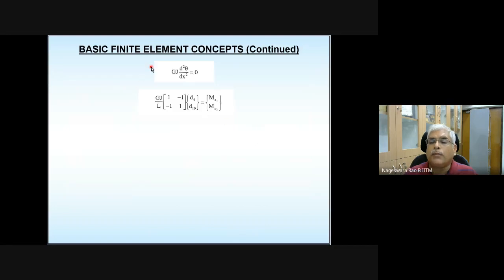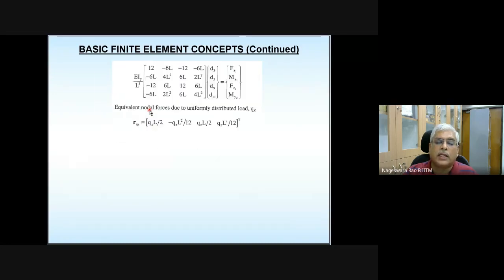And what is the governing differential equation? This is the governing differential equation. Yesterday I explained it. I also explained the similarity between this equation and the governing differential equation we get for a bar element or a truss element undergoing axial deformation. And once you have that understanding, you already noted the element equations for axial effects here.